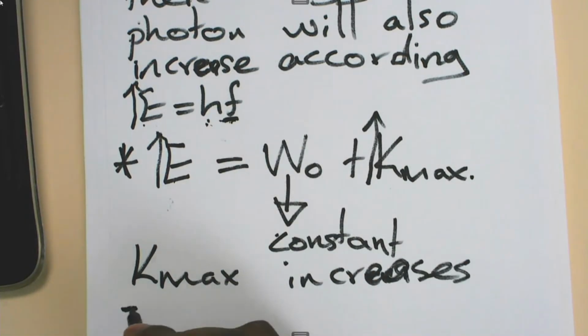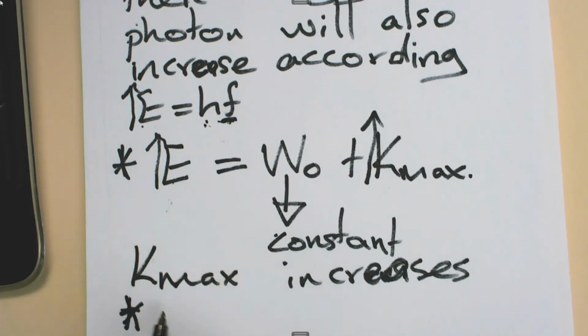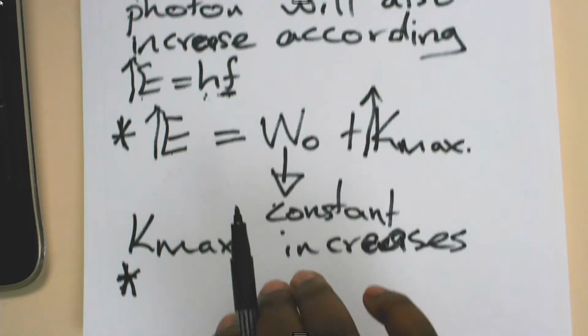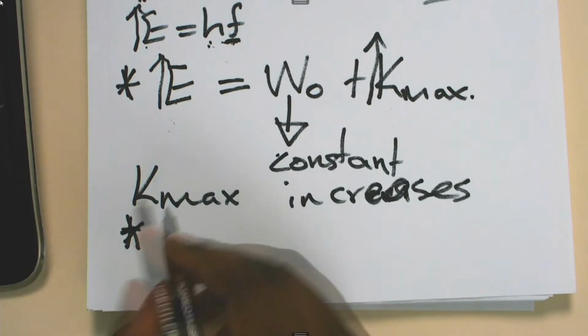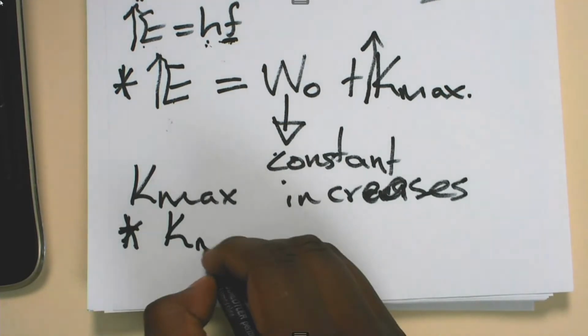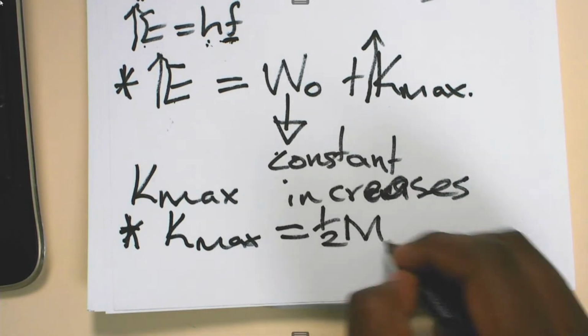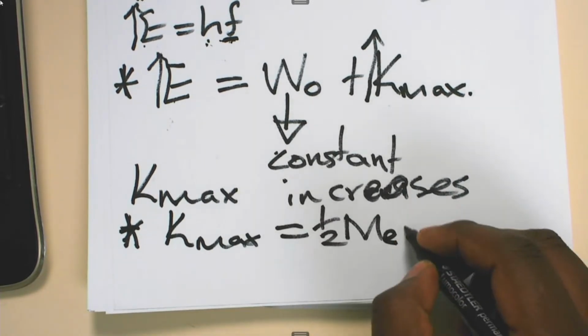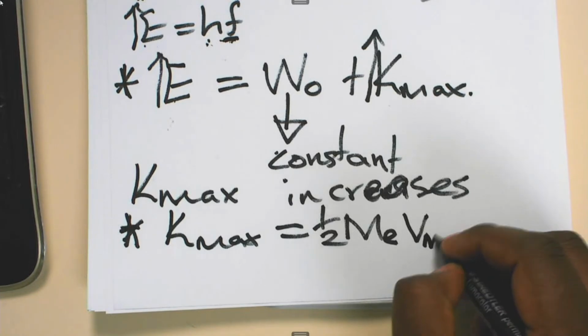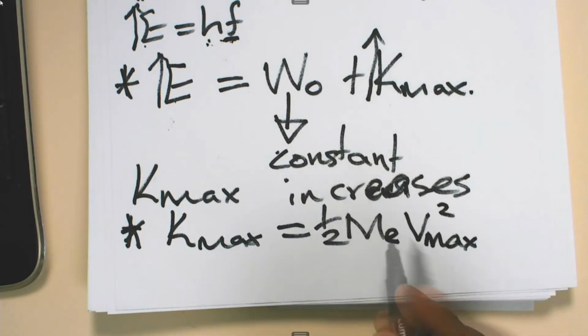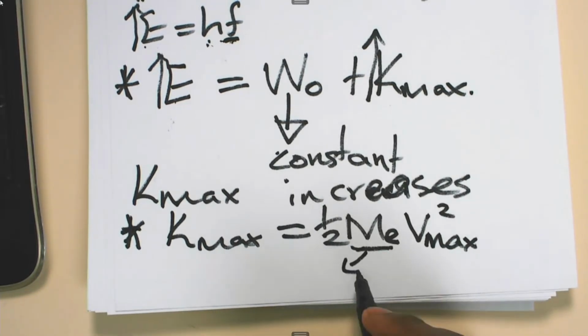And then what happens when the kinetic energy of the photoelectrons increases? Because kinetic energy max is given by half m of an electron multiplied by V max squared, and the mass of the electron is constant.